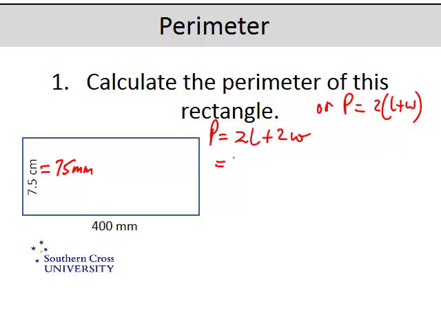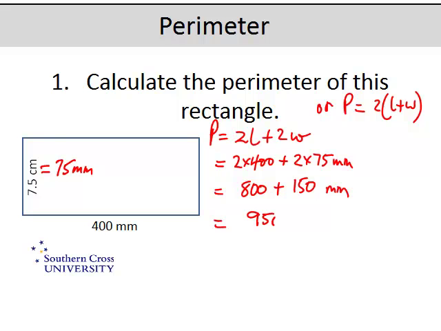So keeping on going, that's 2 times 400 plus 2 times 75, which is 800 plus 150, and we need to just make a note that that's all in millimetres, which is 950 millimetres. And using the conversion 10 millimetres equals 1 centimetre, we could write this also as 95 centimetres.